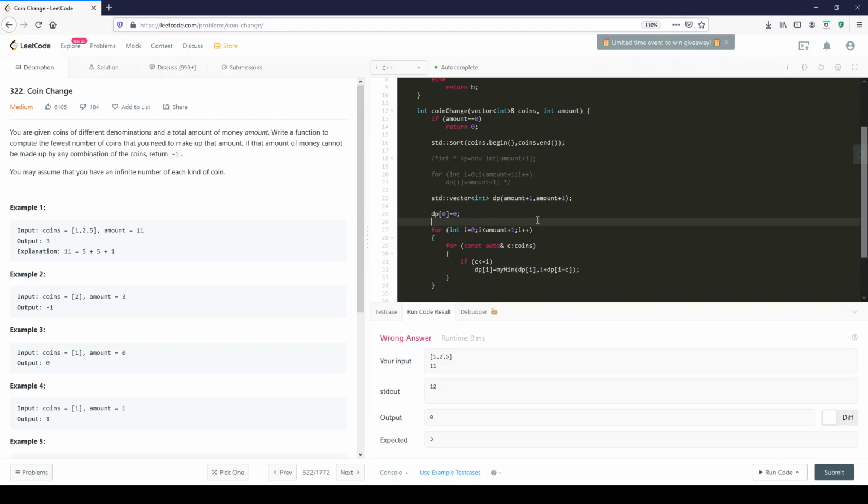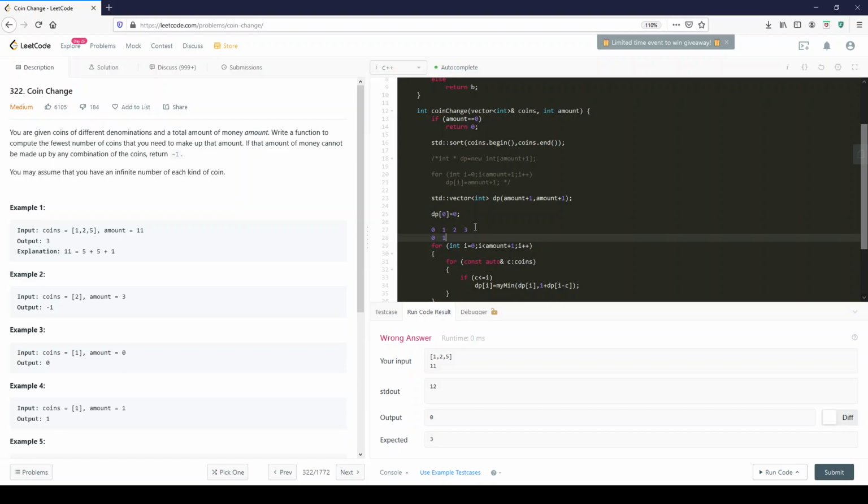Okay, so what's actually happening here? When it's looking at the particular positions, say we're looking at amount 3, and we have coins 1 and 2 over here. Well, if we're looking at amount 3, we would have already seen amount 0 and amount 1 and amount 2. If we're just looking for coin 1, we know that coin 1 to do 0 would have needed 0 coins.